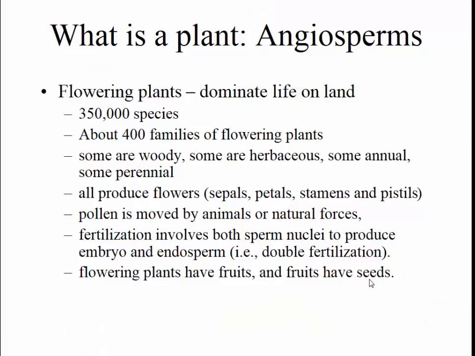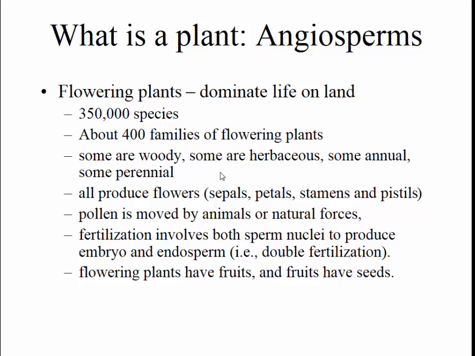Angiosperms are the dominant life form on the planet today, and they are made up of about 350,000 species, about 400 families. Some are woody, some are herbaceous, some are annual, some are perennial. All produce flowers. Pollen is moved between flowers by animals or natural forces.